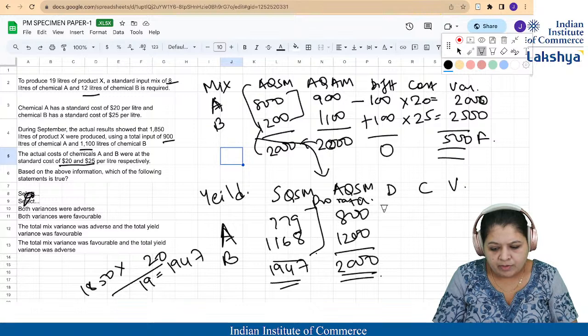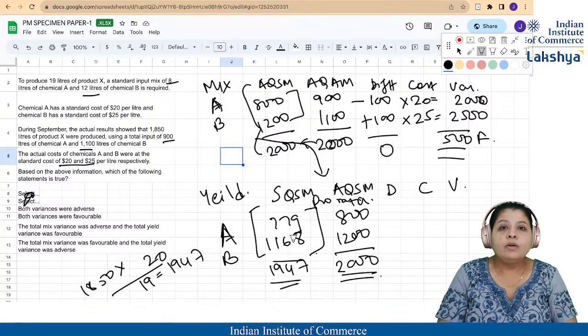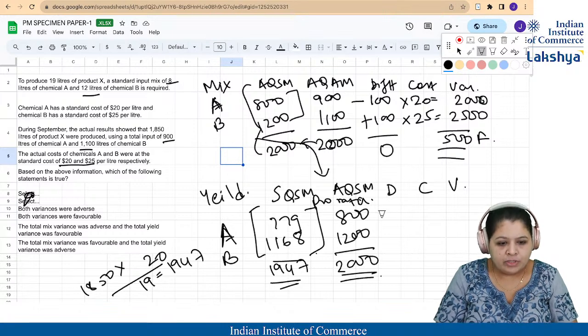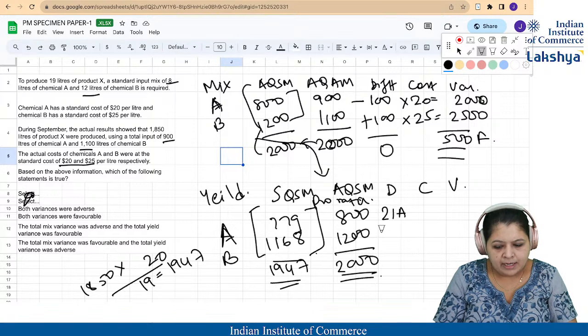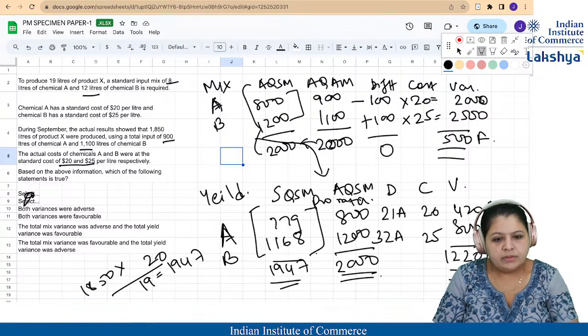And you figure out your difference. Both of them would be adverse because if you see, the standard was less and the actual utilization is more. So 21 adverse and 32 adverse. Your cost is 20 and 25. Your variable cost is going to be 420 adverse and 800 adverse, right? So 1220 adverse.